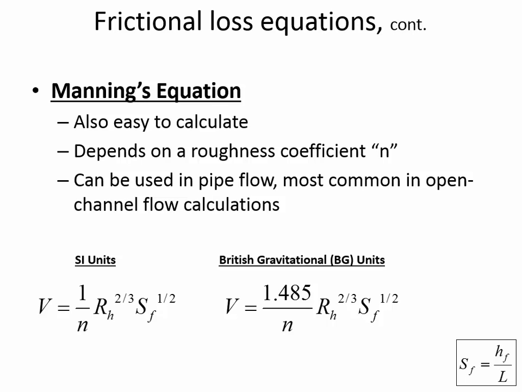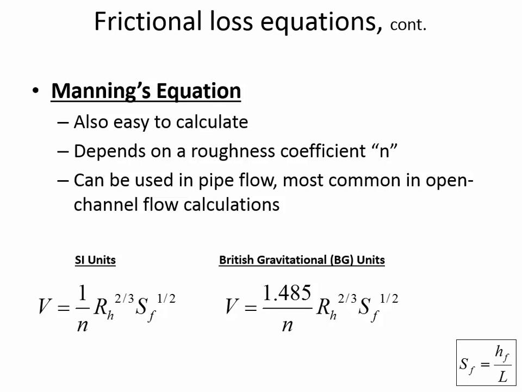Manning's equation is our third empirical resistance equation, and what all of these are doing is just basically saying how does shear stress cause energy loss? Remember that if water is moving to the right, the pipe is pushing on the water to the left. It is resisting the movement of that water.